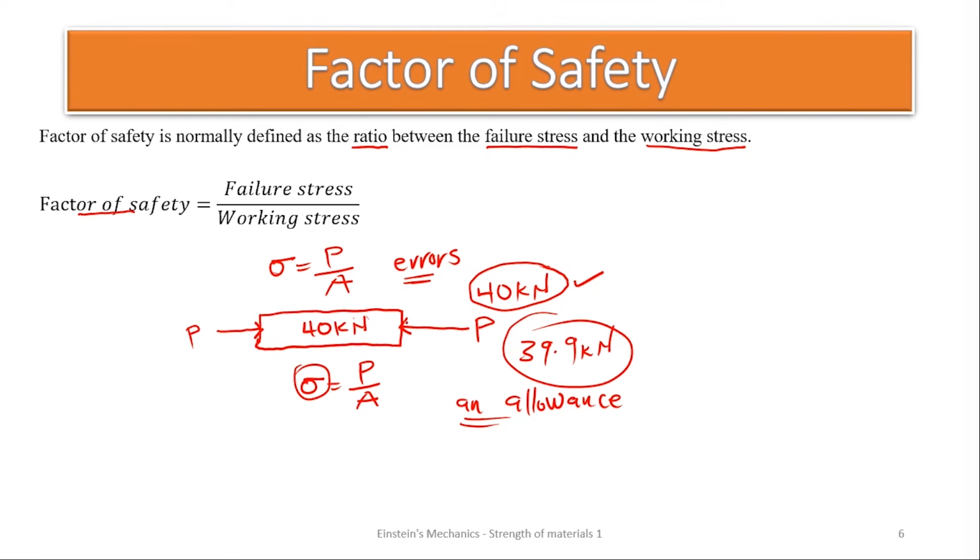So in order to calculate that allowance or safety factor, we have to know the failure stress. The failure stress, let me explain it further, will be the maximum stress to fail the material.